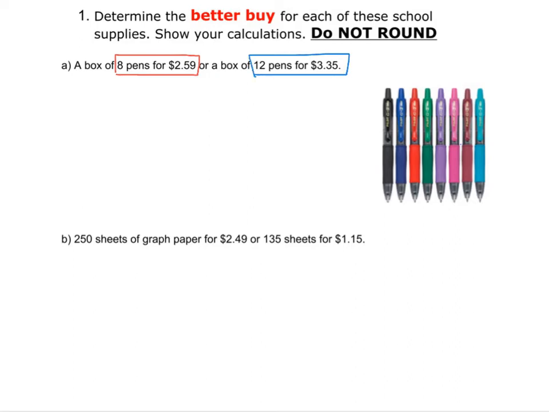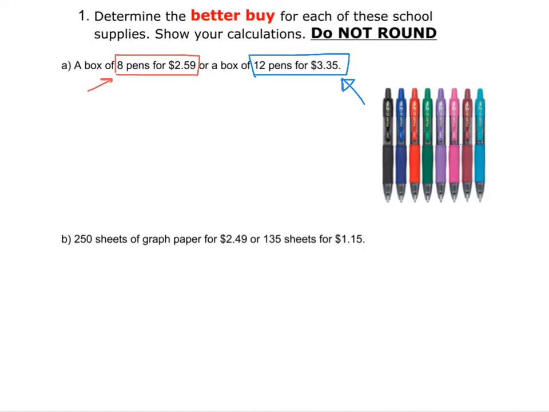So which box is better to get, or which is the better deal? In order to determine the best deal, we should figure out how much for one pen in that box and how much for one pen in that box, and determine which box is cheaper per pen. So how do we do that?